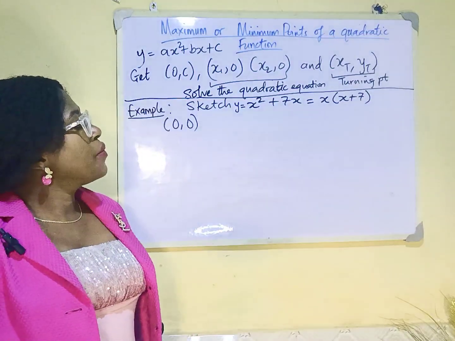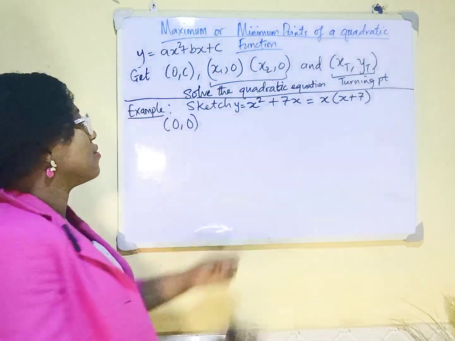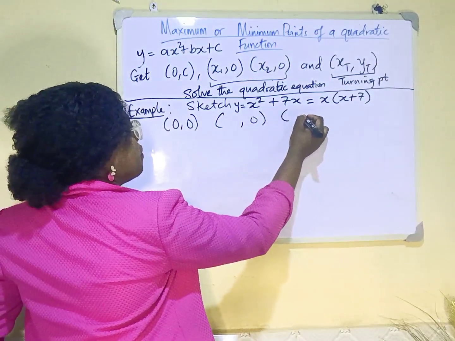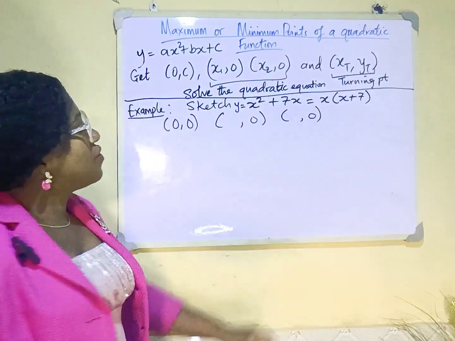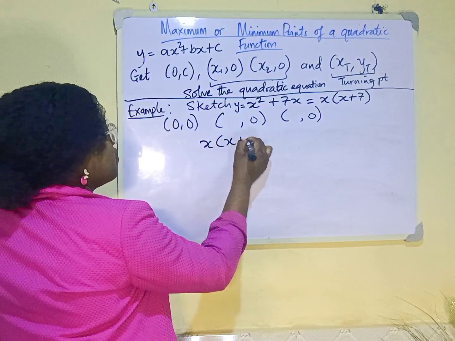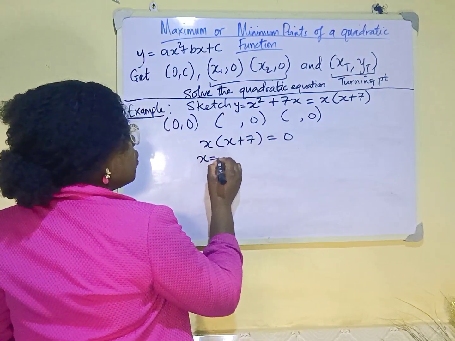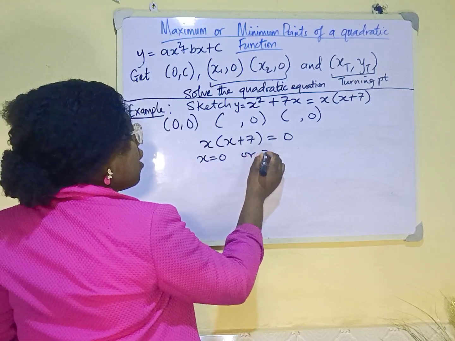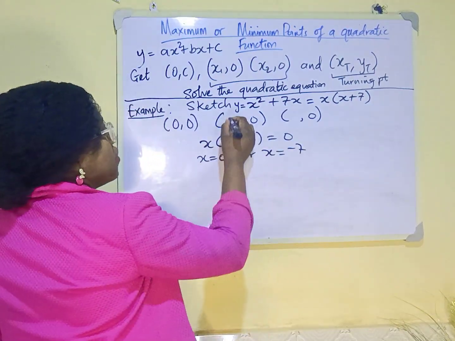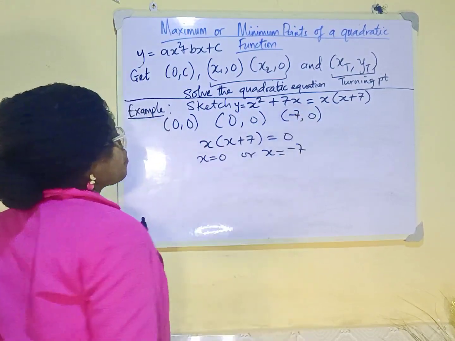Knowing this, if I equate it to 0, that is, if I make y equal to 0, I would see that x times x plus 7 is equal to 0, which implies that x is equal to 0 or x is equal to -7. So I can put my x1 to be 0 and my x2 to be -7.